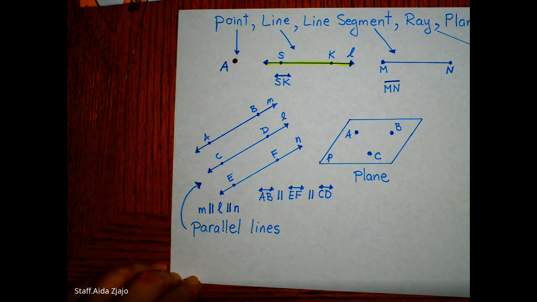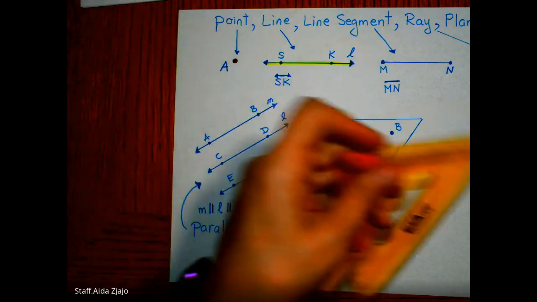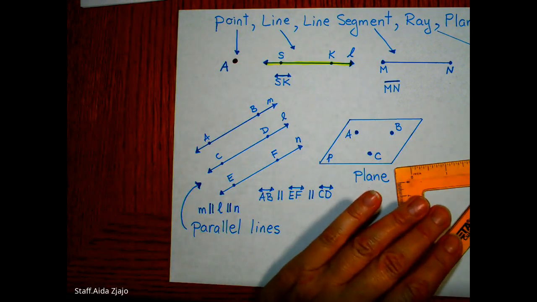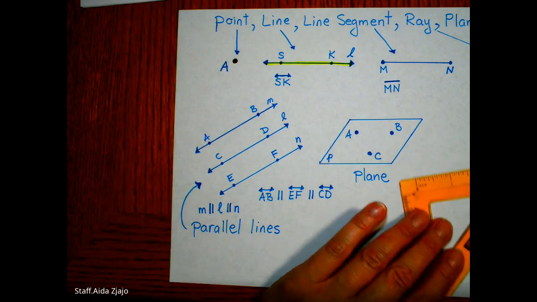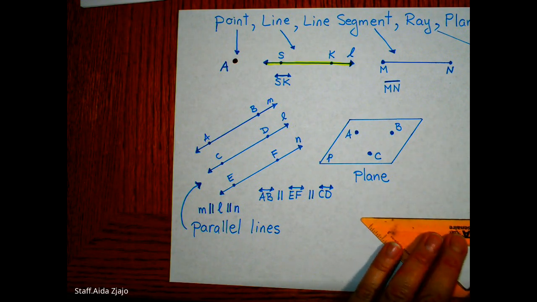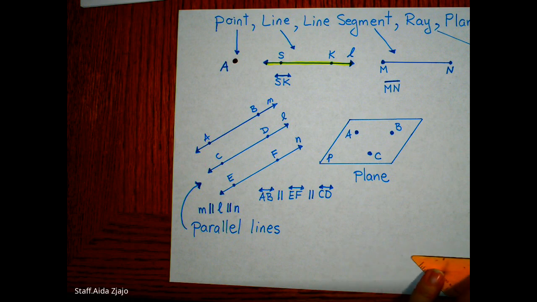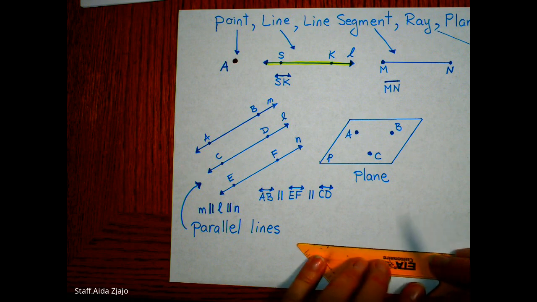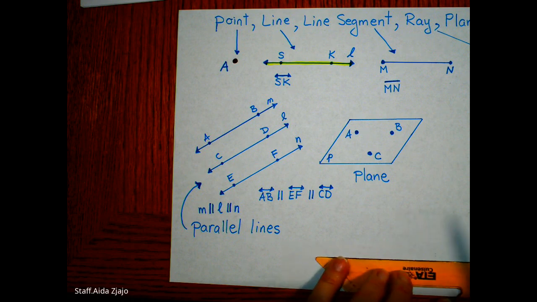If I want perpendicular lines, I can use my compass, and I can teach you how to do that. So if I use this area, right? Wait, I need to go this way. Okay, I can use this area right here.